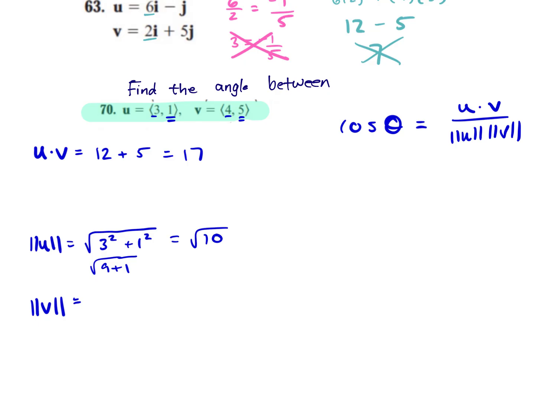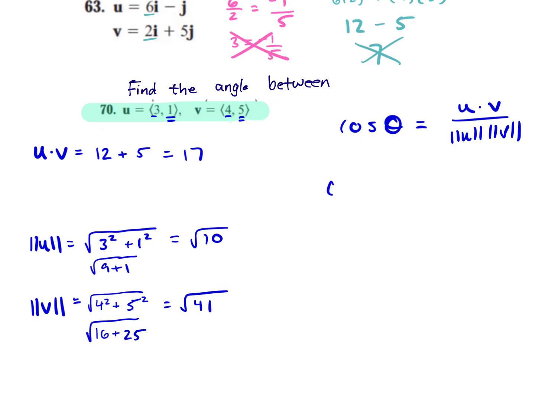And then the magnitude of v, same thing, square root of the first number squared plus the second number squared. So the square root of 16 plus 25, which would be the square root of 41.